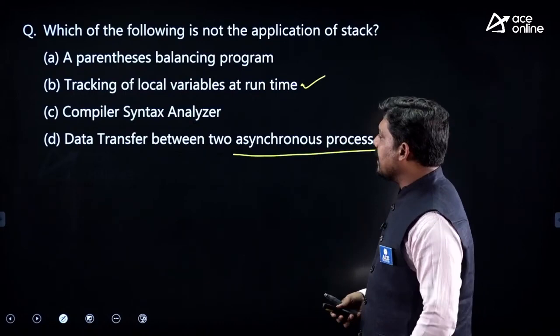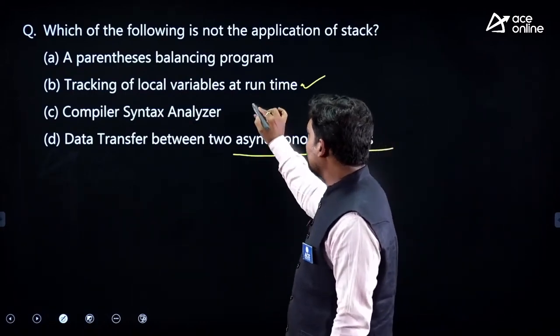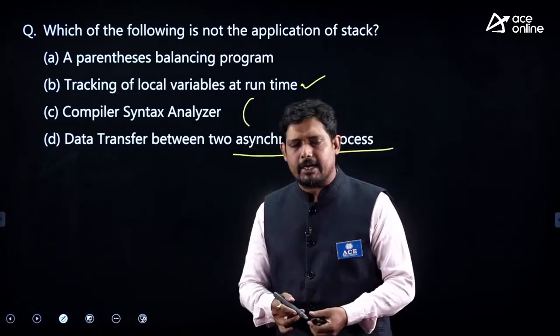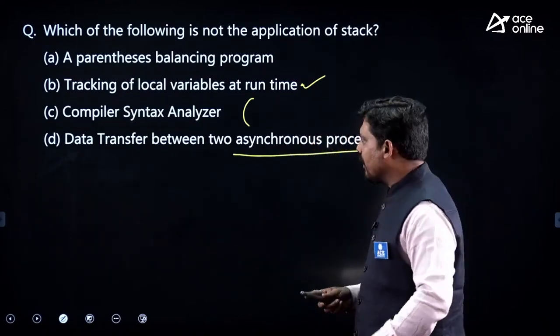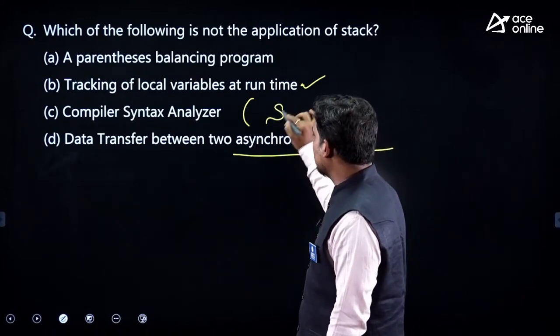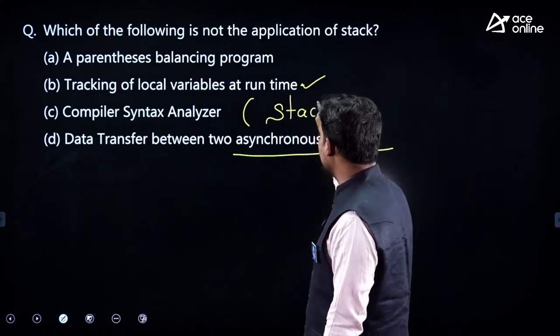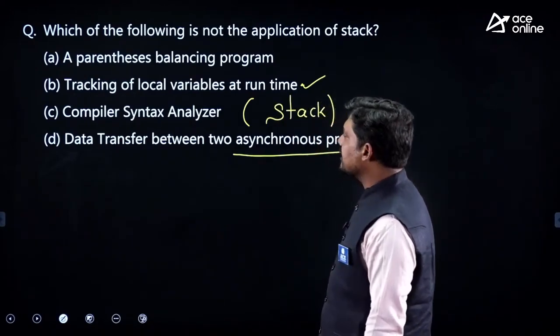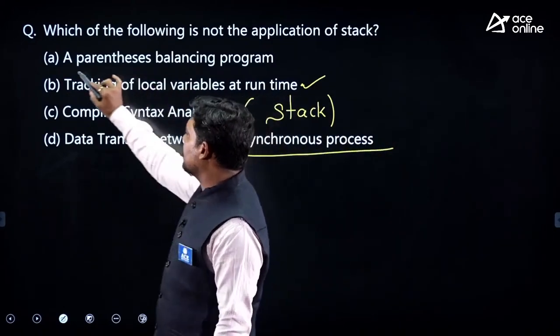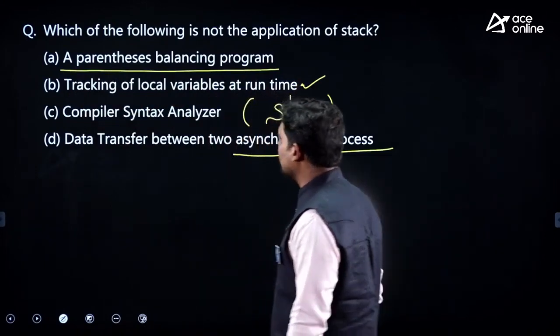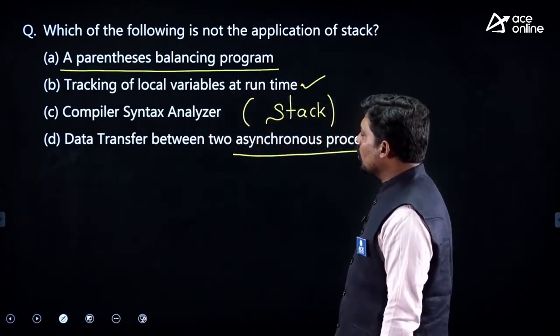The syntax analyzer has top-down and bottom-up categories, and you need a small bit of understanding of compiler design. It uses a stack to check whether the syntax is correct or not. Balanced parentheses we also learn in the theory of computation.